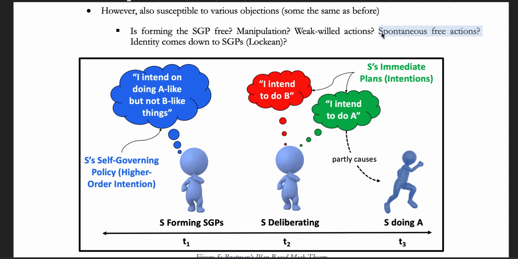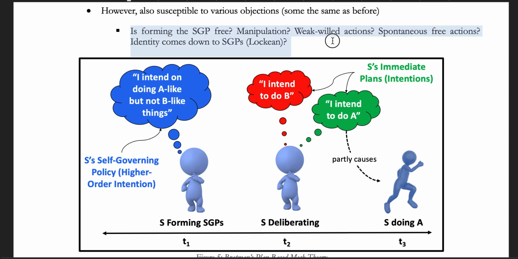You're just randomly like, you know what? I'm just going to quit my job today. I think I want to just go start a new life. I'm going to go move to, I don't know, Pennsylvania and go be an accountant. Like, why can't I do that? It doesn't align with any of my self-governing policies, at least not a lot of them.